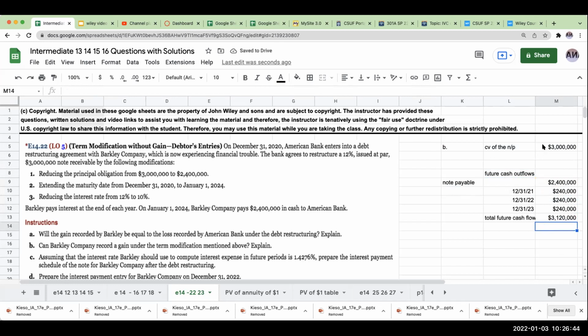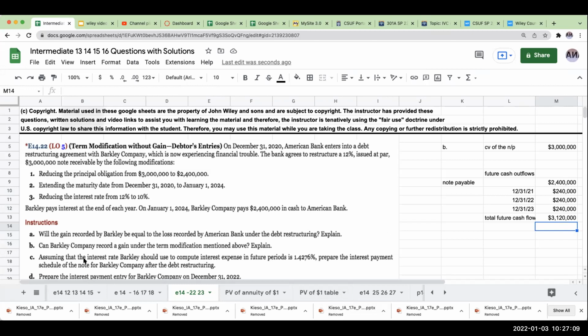This is greater than the carrying value of the note payable, so we're not going to have a gain in this situation. That's why the question says without gain. We're going to look at a question shortly that does have a gain, so be excited for that, because I'm going to have to go read up on it. We'll deal with that in a later question. But for this question right now, we're all good.